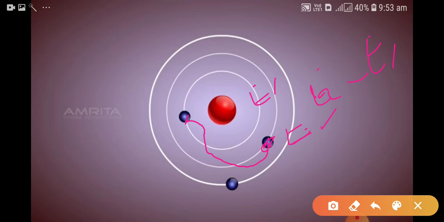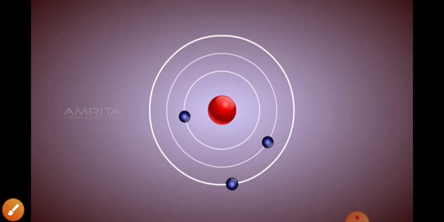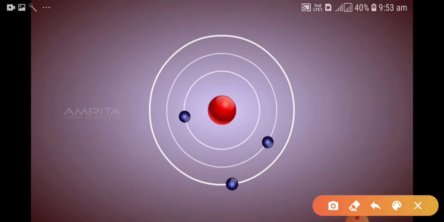That energy is absorbed. Second, when it jumps from an outer orbit to an inner orbit, suppose this electron jumps from this orbit into this orbit, then what will happen? It also, yes, emits energy.